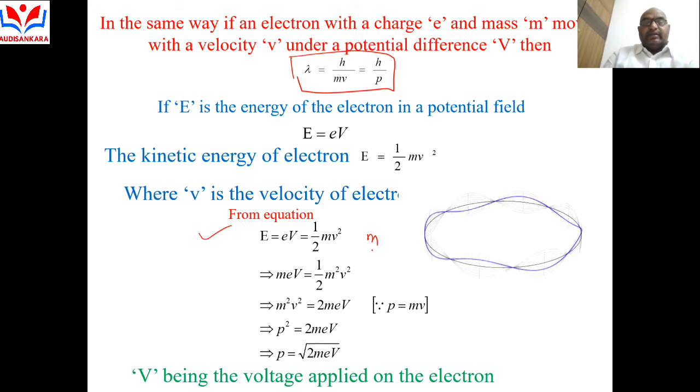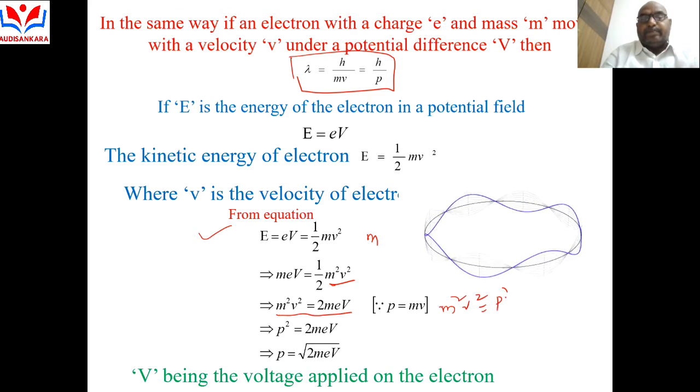So m square v square is equal to 2m eV. Here mv is the momentum, and m square v square is momentum square, that is p square.